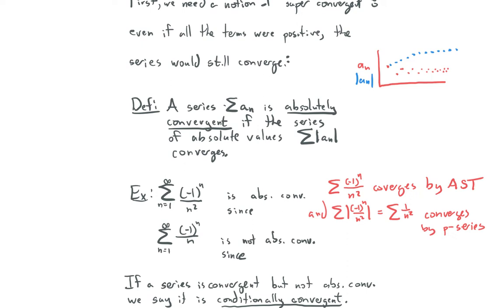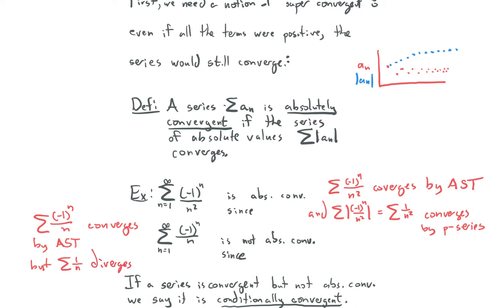However, (-1)^n over n is not absolutely convergent. So we know that (-1)^n over n converges by the alternating series test. But we know that the series of 1 over n, without the negatives in there, so this is the absolute value of this series, diverges.